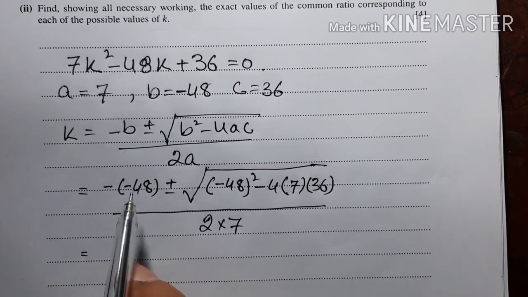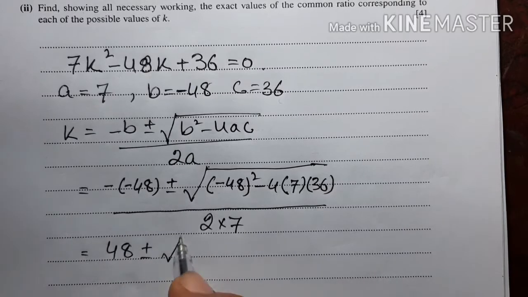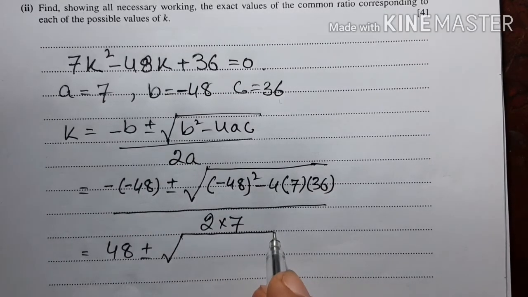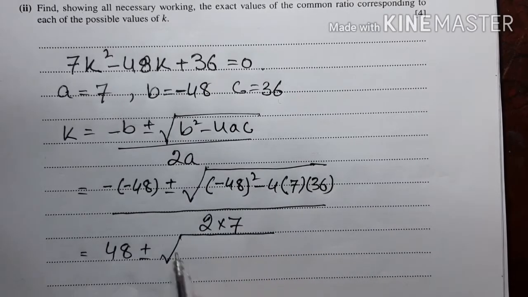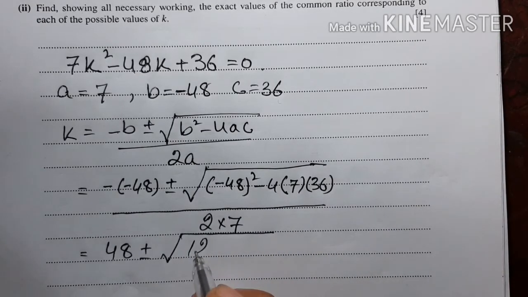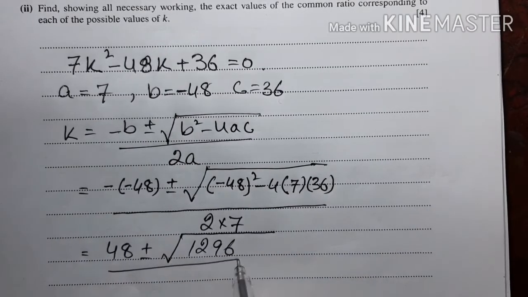So this will become plus 48 plus minus, and if you solve all this with the calculator, I'll get square root of 1296 over 14.